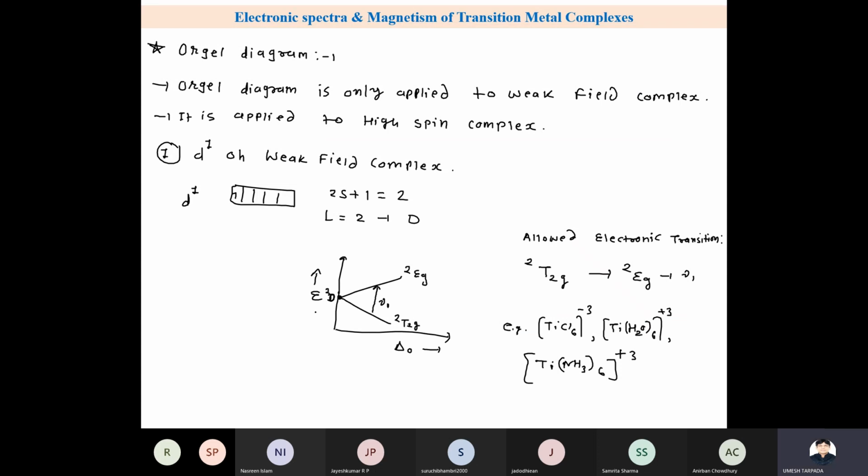In the case of Ti(H2O)6 3+, it shows only one absorption band that is broad, composite and unsymmetrical because of the Jahn-Teller distortion.